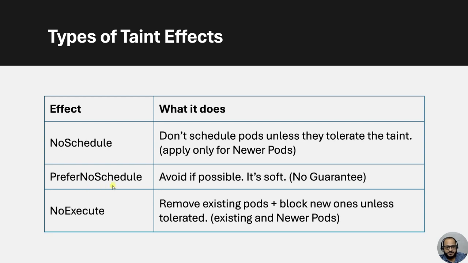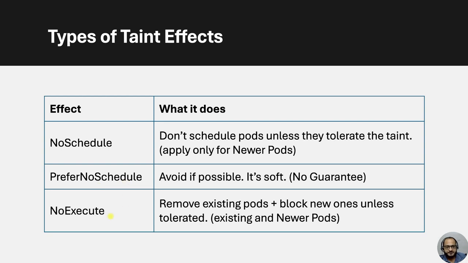Second, we have PreferNoSchedule. This is like avoid if possible. It is soft, basically there is no guarantee. So your application pod may or may not run on that worker node. For that purpose we use PreferNoSchedule. Another one is NoExecute.